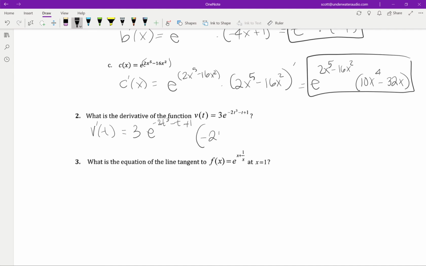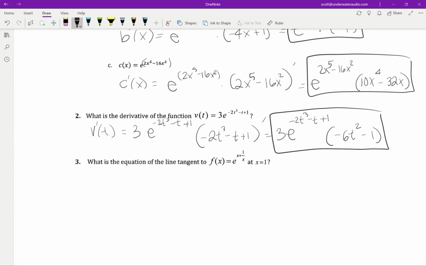So negative 2t cubed minus t plus 1. Take the derivative. So simplifying, I still have 3e to the negative 2t cubed minus t plus 1 times negative 6t squared minus 1. Boom, done.